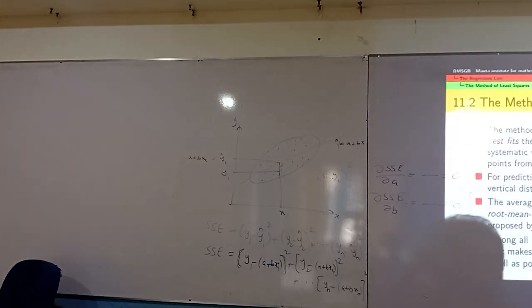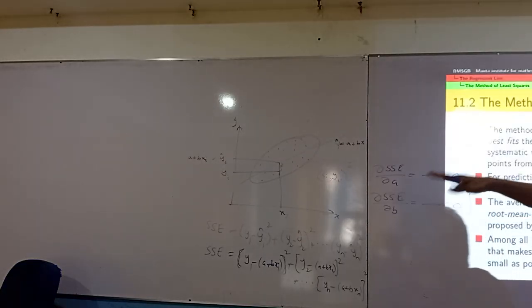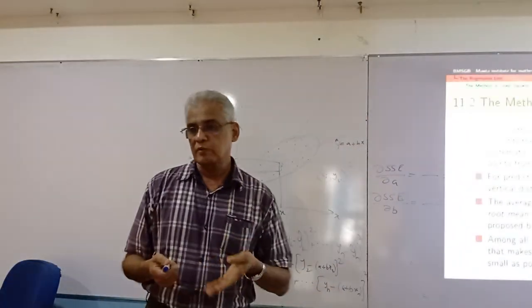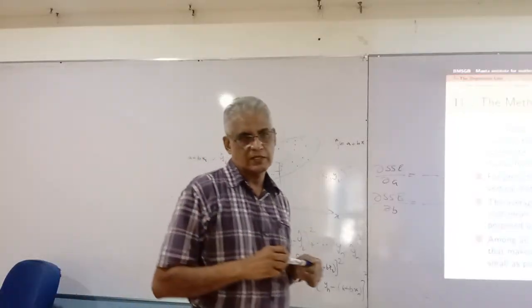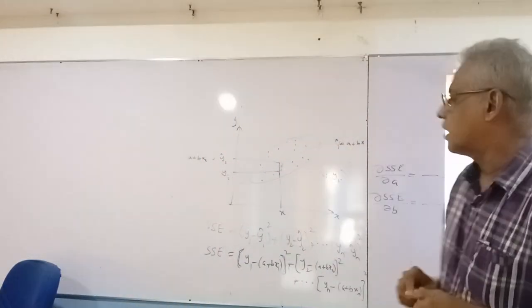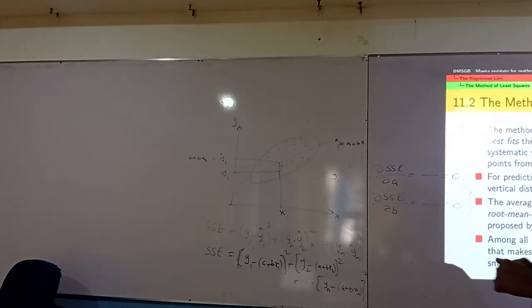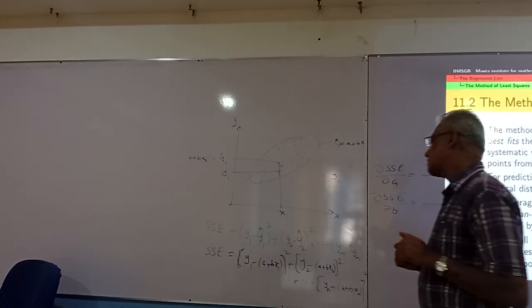But what that tells you is that at that point SSE will have either a maximum or a minimum or a saddle point. We don't know still whether it's a minimum, definitely. Right? At that particular AB point, SSE can have a maximum or a minimum or a saddle point.